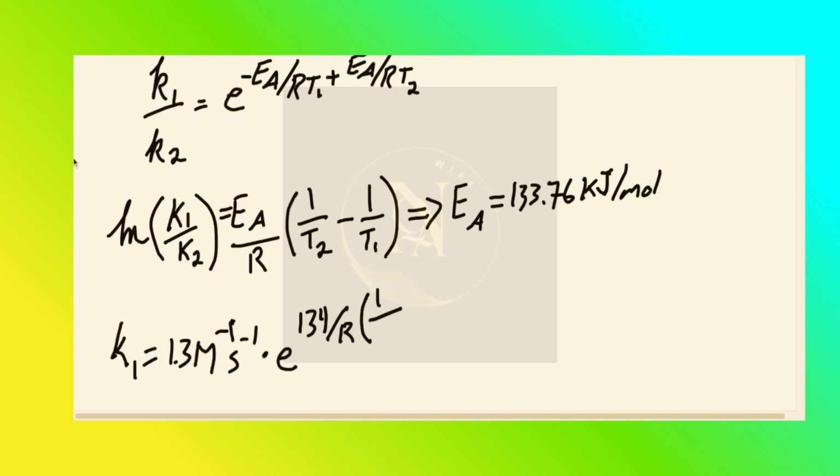Remember, T2 in this case is 700 Kelvin, minus 1 over T1, and T1 in this case is 750 Kelvin.